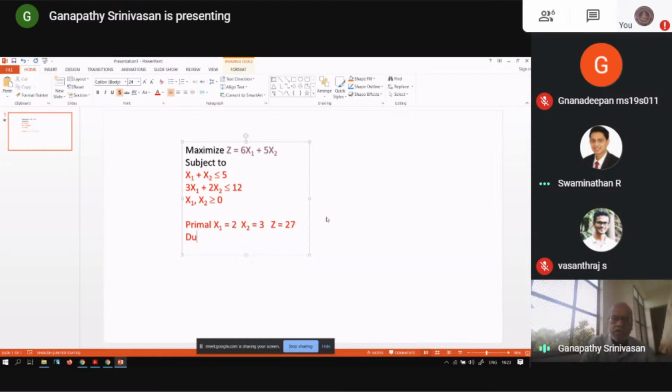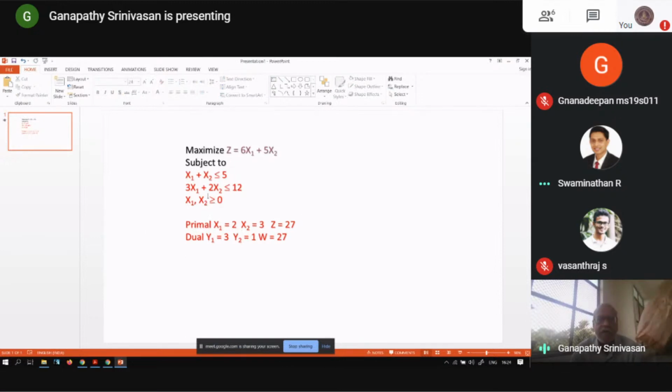The solution to the dual, assuming that you can write the dual, is y1 equal to 3, y2 equal to 1, with w equal to 27. So that will give you 5 into 3, 15, plus 1 into 12 will give you the same 27. So let me try and explain using this.